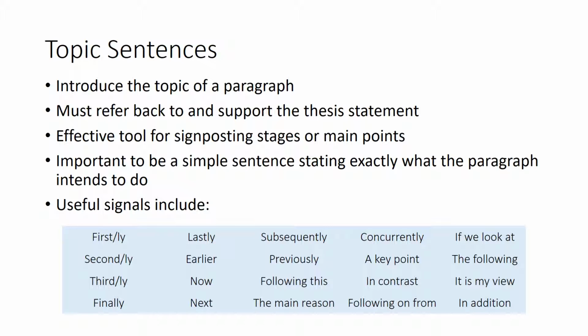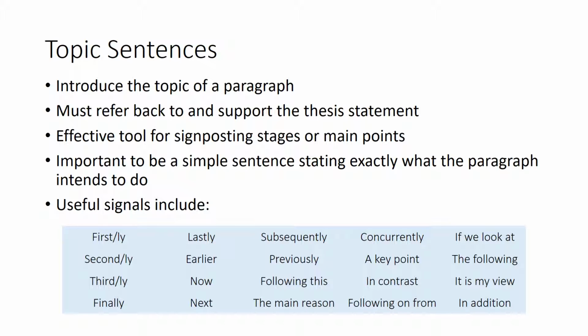With topic sentences, it's important to have a simple sentence stating exactly what the paragraph intends to do. So I am saying simple, as in simple sentences, and not an easy sentence. It's important that the reader knows what's going on. And we can signal as well.